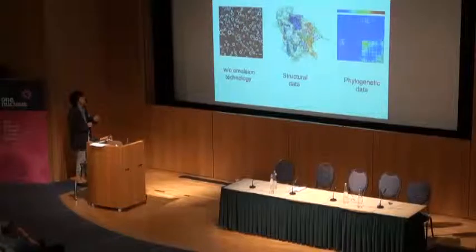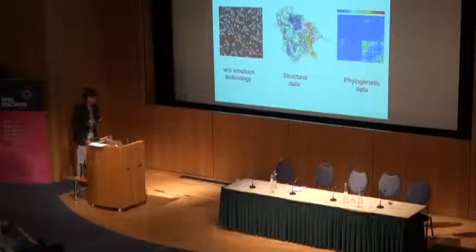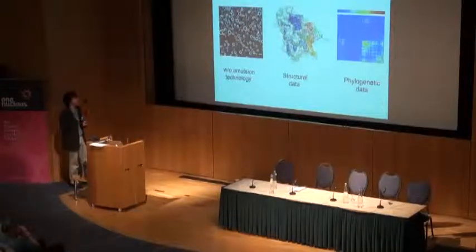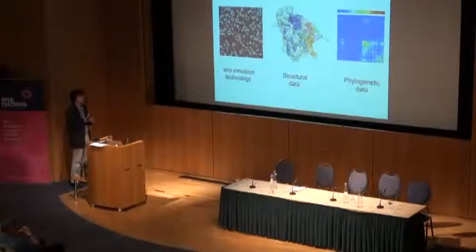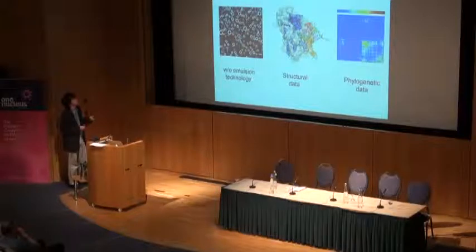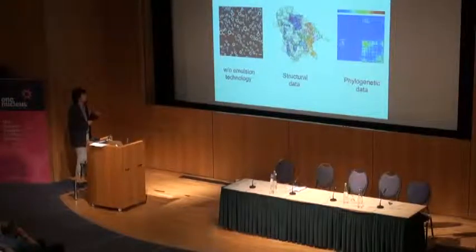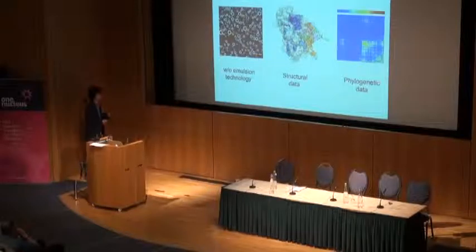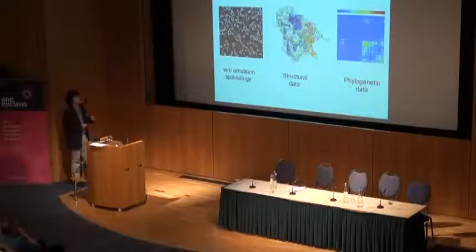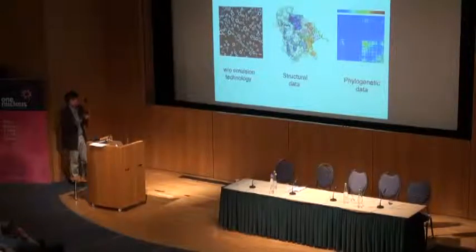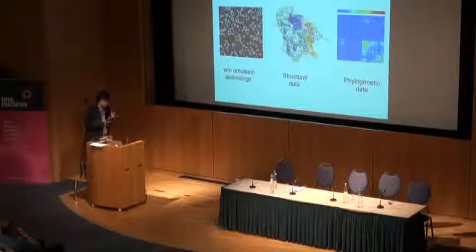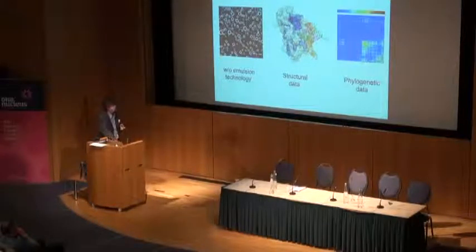We use three main technologies to expand polymerase function. We use structural data, and I don't need to make the case again after Lawrence's excellent talk for how important it is to understand structure to understand function. This shows a heat map of where in the polymerase we need to mutate to acquire the ability to use HNA as a substrate. We use evolutionary methods based on water-in-oil emulsion technology, and we also try to mine phylogenetic data to better understand polymerase function.